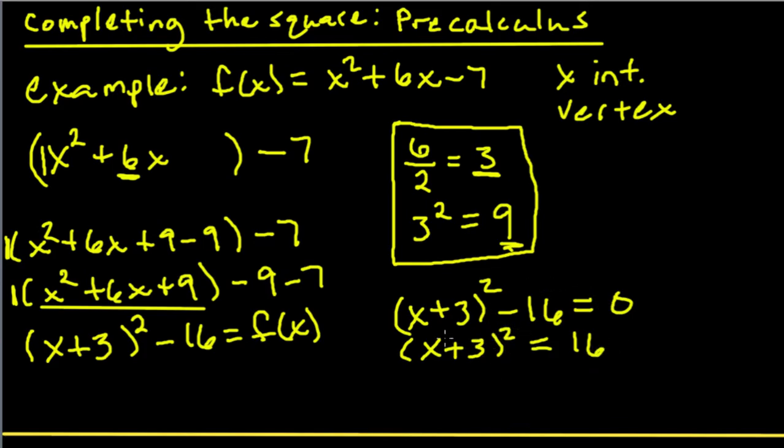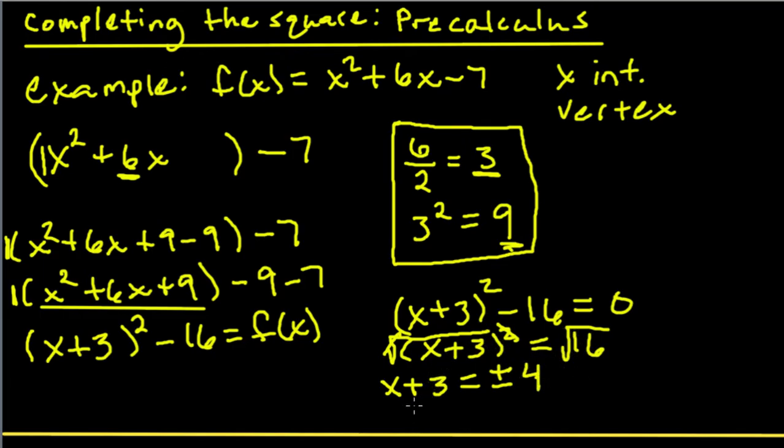Now to get rid of the square, we take the square root of both sides, so the square root and the square go away. So we have x plus 3 equals, and don't forget, when you square root a number we always get plus or minus, and the square root of 16 is 4.